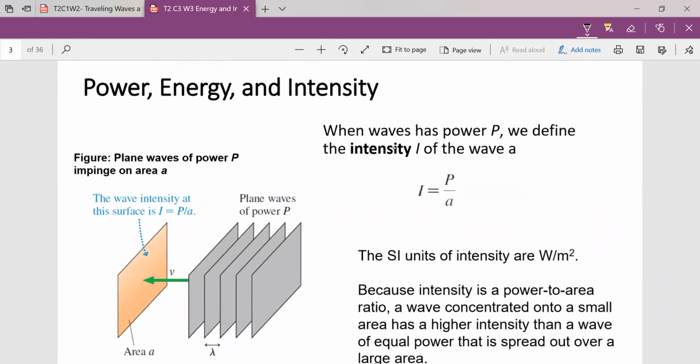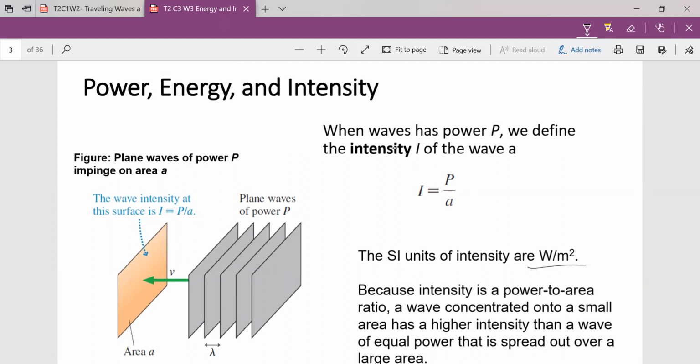When a wave has a power P, we define the intensity of that wave as power per unit area. We're using the small letter a to describe area here so that we don't confuse it with amplitude, capital letter A. Okay? So the area, small letter a, is area here. And the SI unit for intensity is watts per meter squared, right?